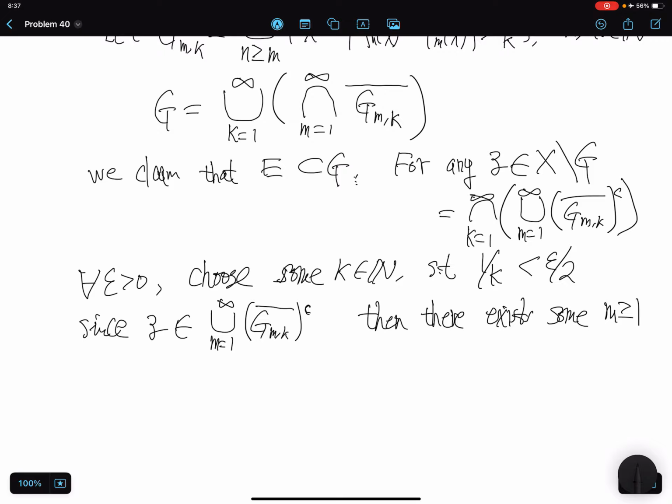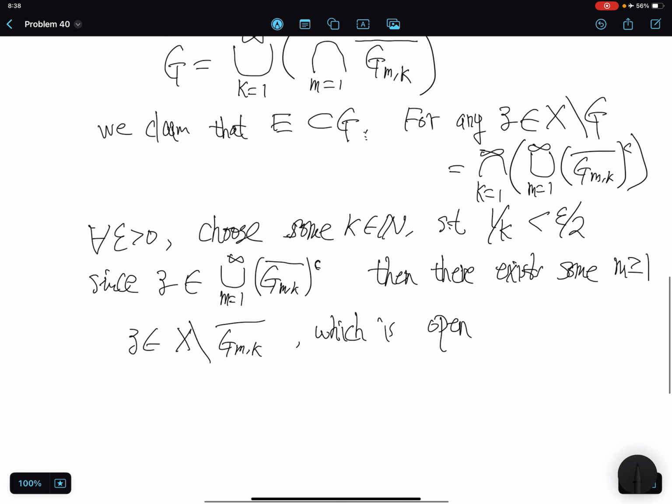For this M, z must be in the complement of the closure of G sub M K, which is open, because it is the complement of a closed set. We're taking the closure, right?